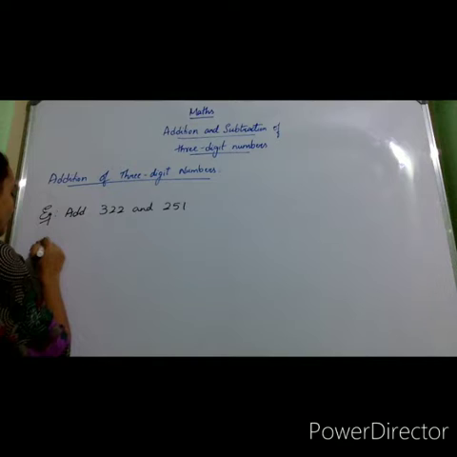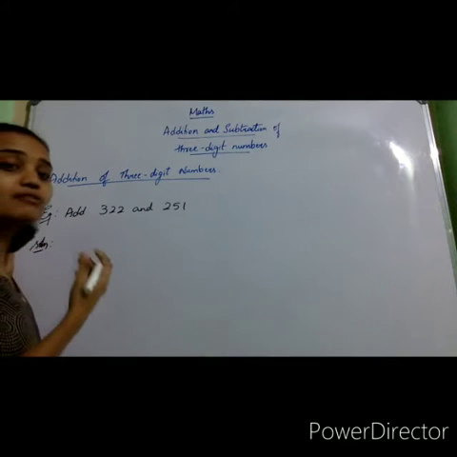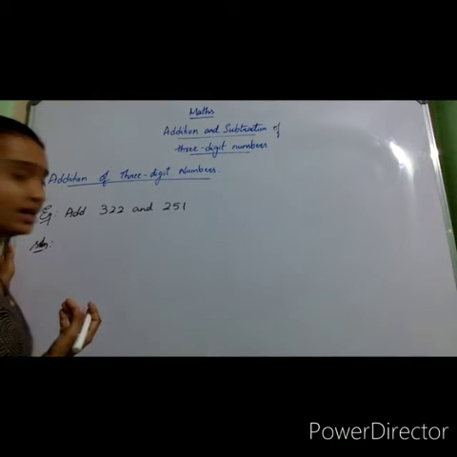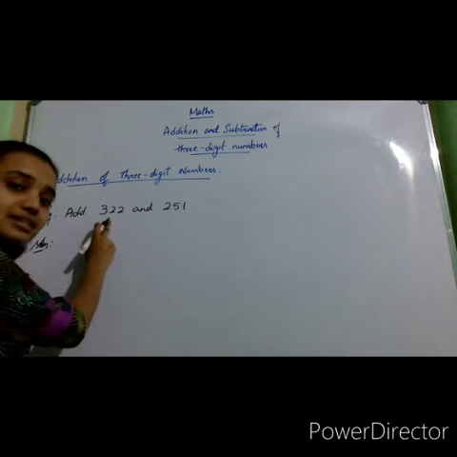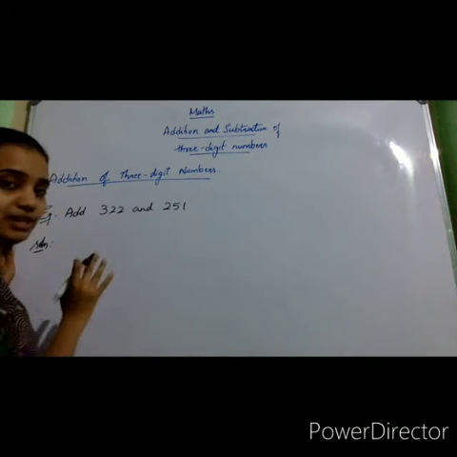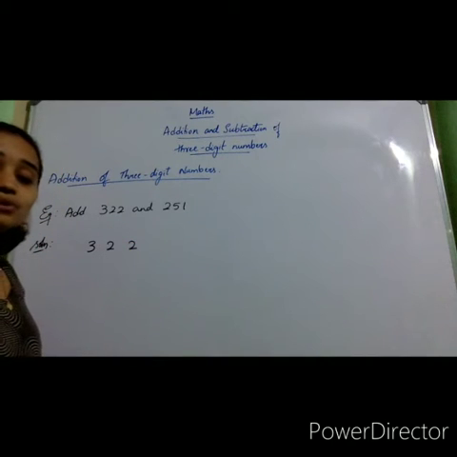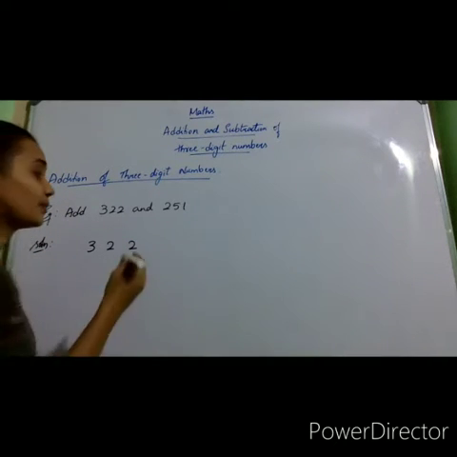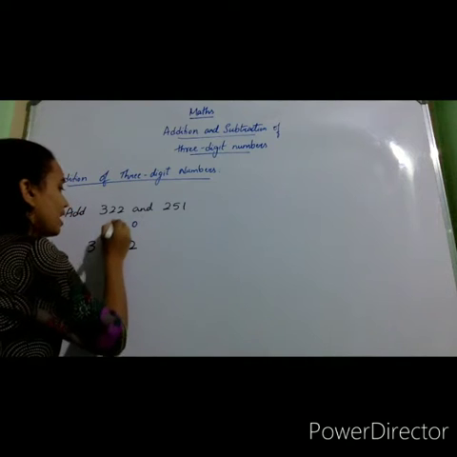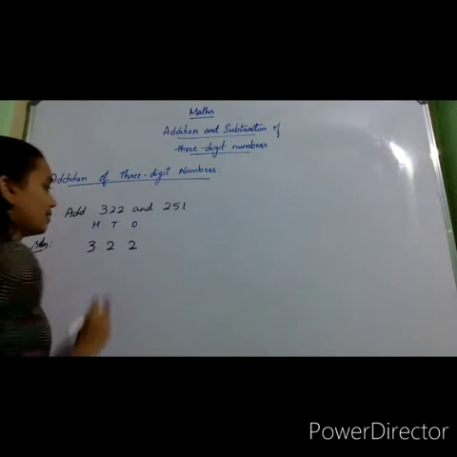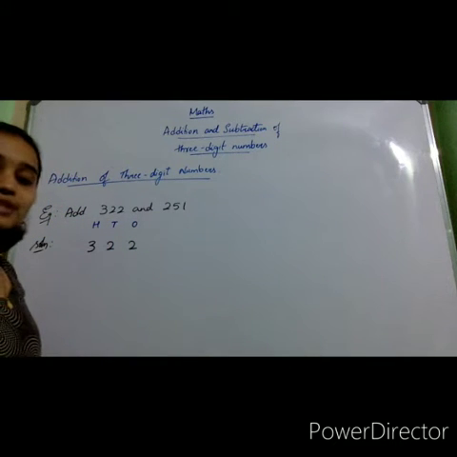We know we have to write the numbers one below the other. You can write either number first, so we will write 322. This 2 should be in ones, then tens and hundreds. It should be placed exactly under their places.